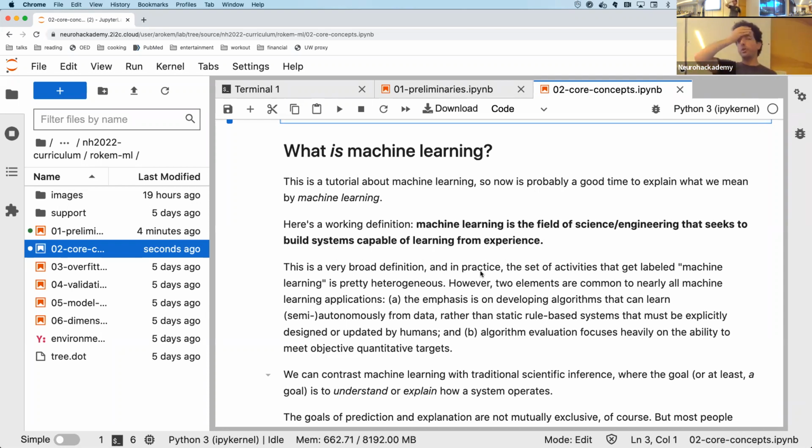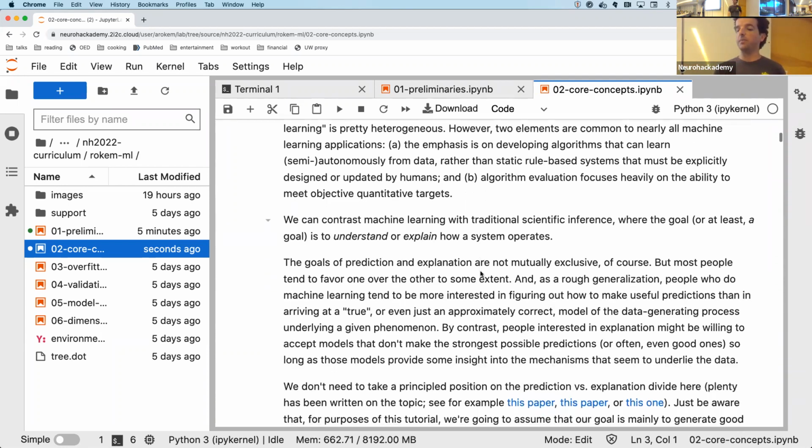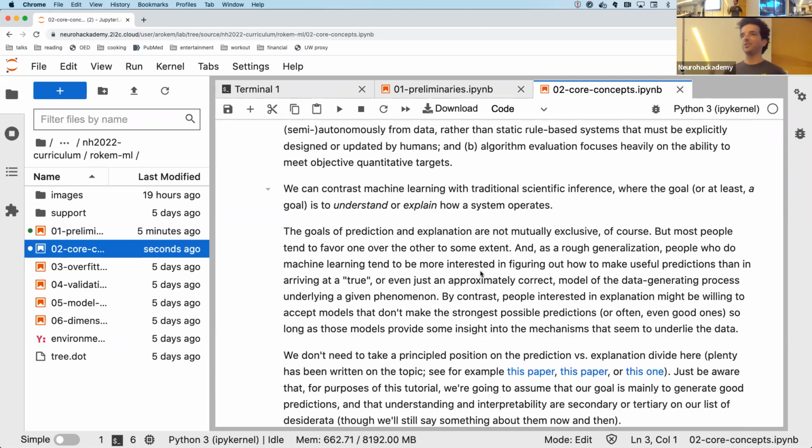This is quite different from what we often do in normal statistics, where our focus is on comparative evaluation of different groups to each other, and seeing whether there are differences between them. Instead, the emphasis here is not so much on understanding or explaining how a system operates, but rather being able to make accurate predictions from the data.